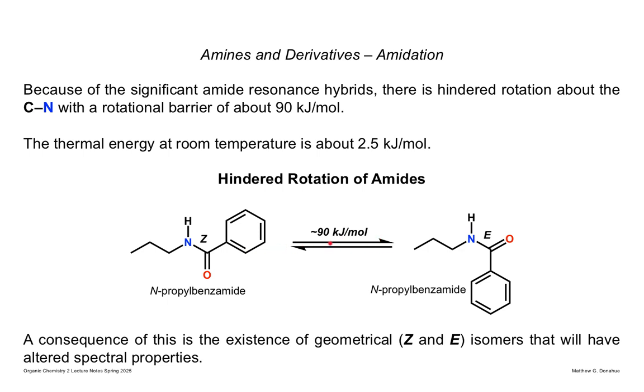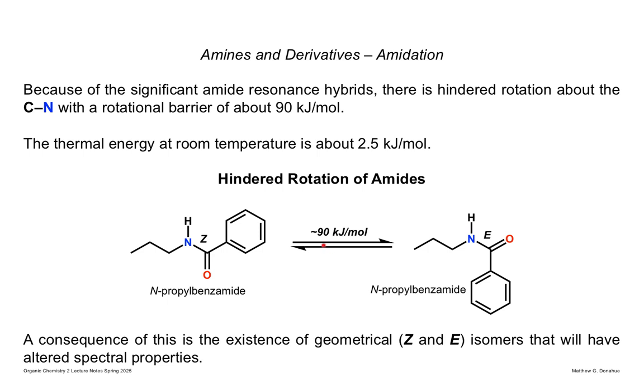That rotation requires 90 kilojoules per mole of energy. So what will happen is that you get, say, small and large on the same side to exhibit the major resonance hybrid. And then you could see those proportions by NMR.